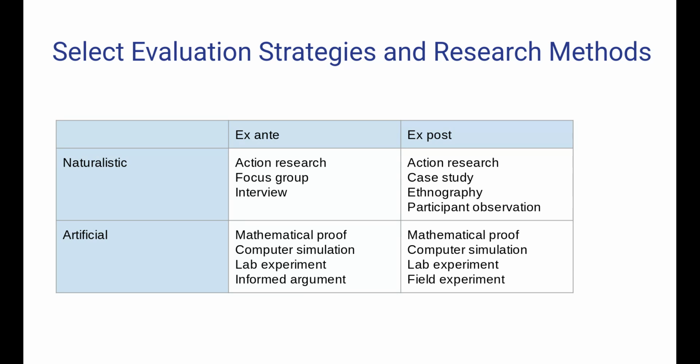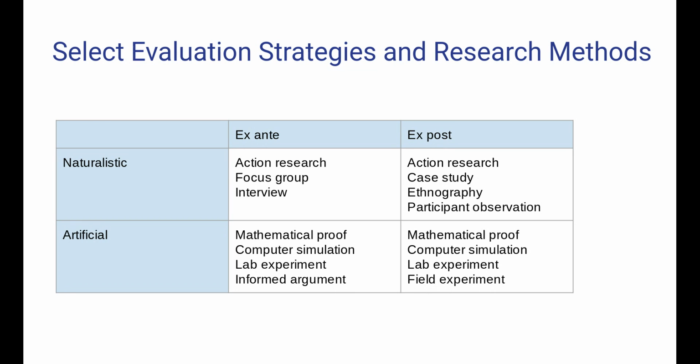How to choose is very much dependent on the constraints you have found out about in the analysis of the evaluation context. So, for example, if you have access to users and organizations, then it could be a good idea to go for a naturalistic evaluation. But if you don't have such access, then it might be better to go for an artificial evaluation.